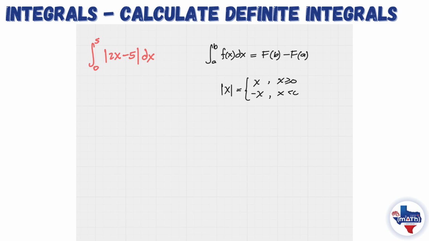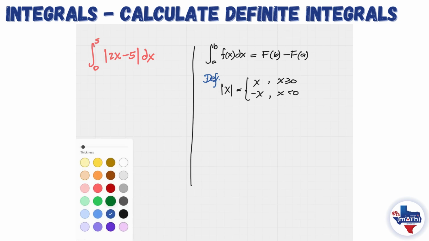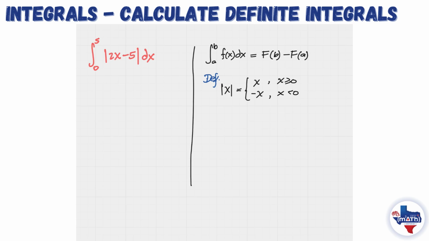We need to take this definition of the absolute value and apply it to our expression. We have the absolute value of 2x minus 5, with two behaviors.